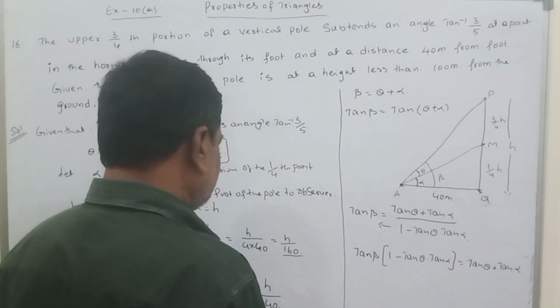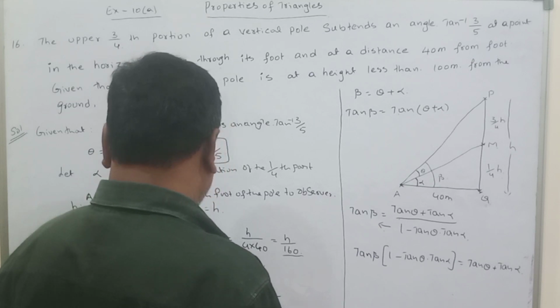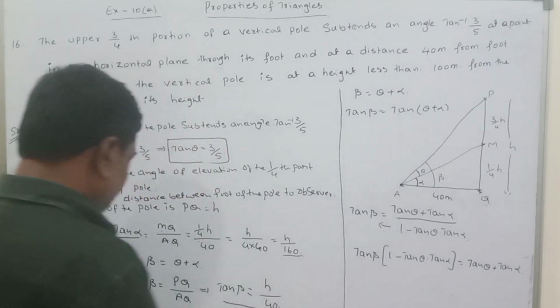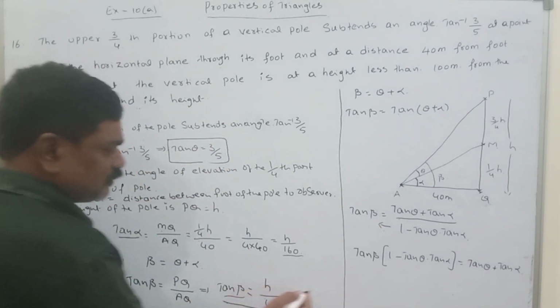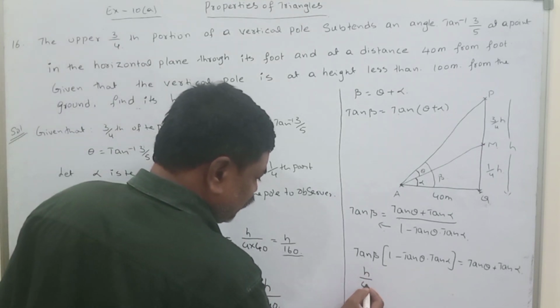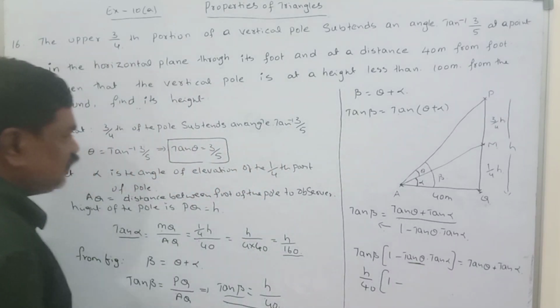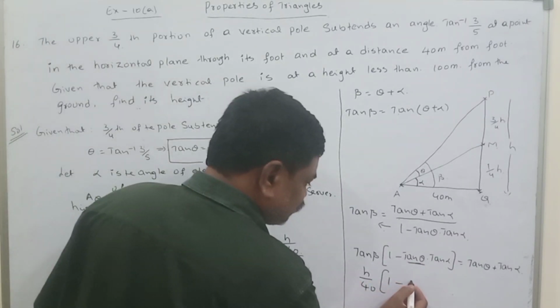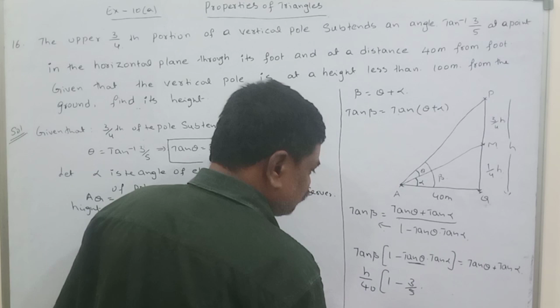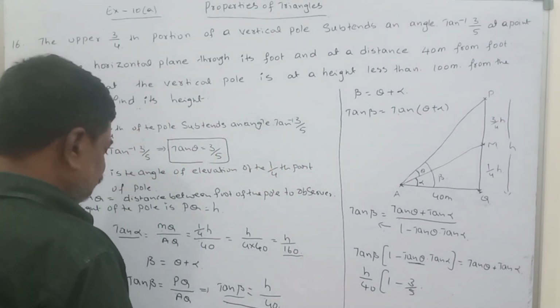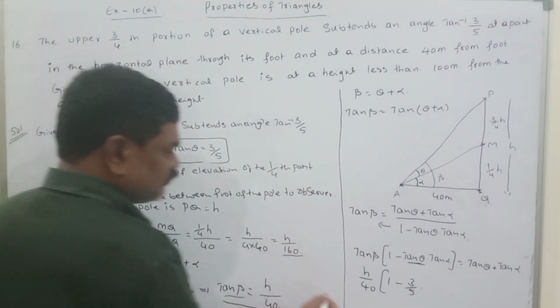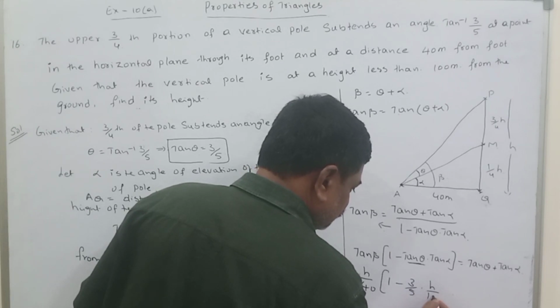Then you have to substitute the values here. Tan beta is H by 40, tan theta is 3 by 5, and tan alpha is H by 160.